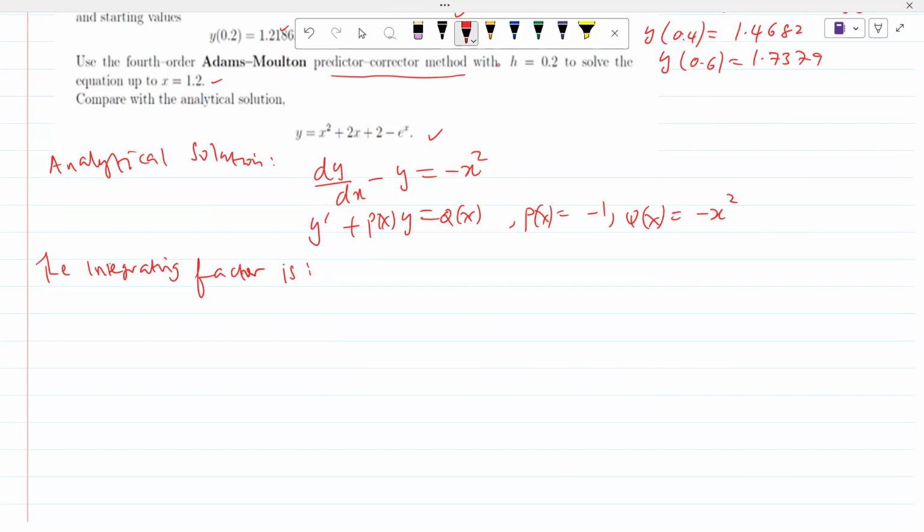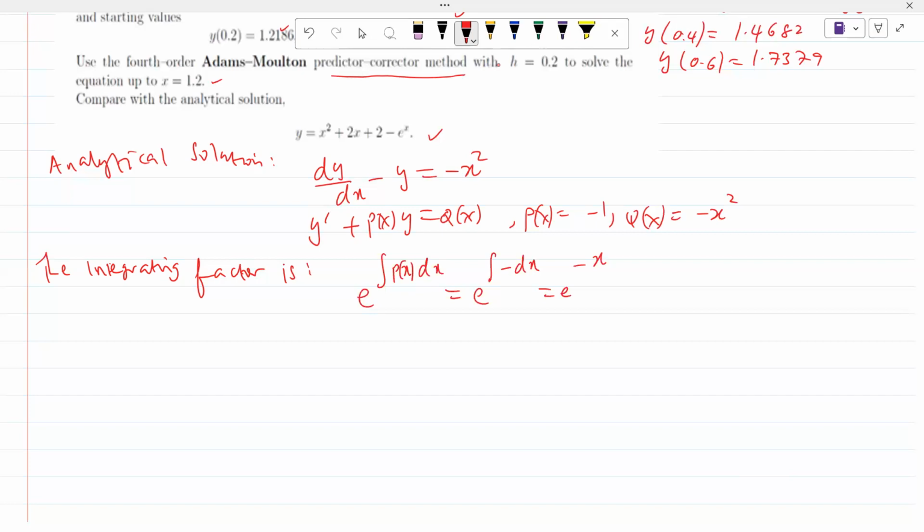It is e to the integral of p(x) dx, which is the same as e to the integral of minus 1 dx, e to the minus x. And then we have that.